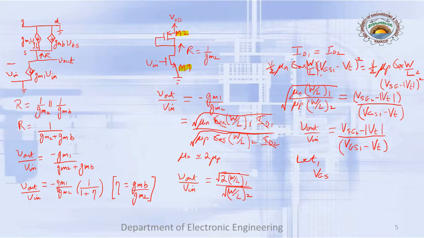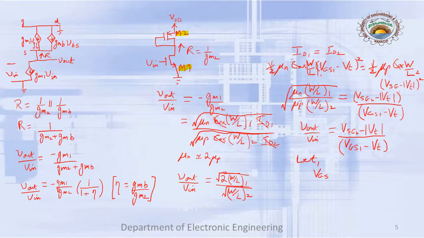If we put the equation of the two currents here, so half mu n Cox W by L of 1 (VGS1 minus VT) the whole square equals half mu p Cox W by L of 2 (VSG2 minus VT) the whole square.